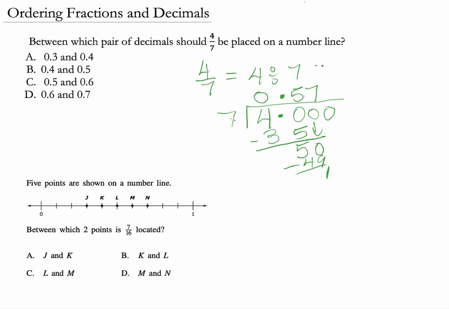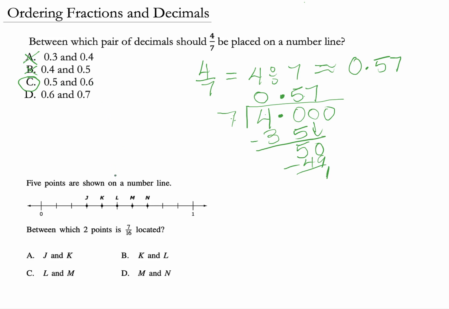So 4/7 is approximately 0.57. So where would you place 0.57? Would it be between 0.3 and 0.4? No. 0.4 and 0.5? No. What about 0.5 and 0.6? Yes. So 4/7 falls between 0.5 and 0.6.